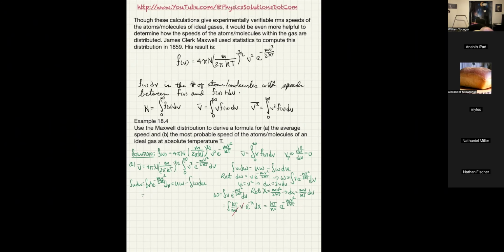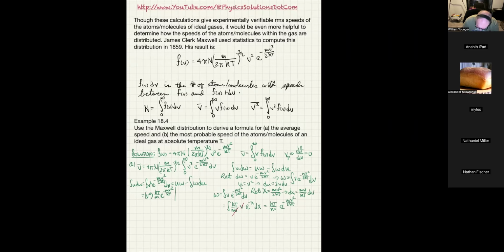So I can write that as u, which we figured out was v squared, and omega, which we figured out was kt over m times e to the negative mv squared over 2kt.